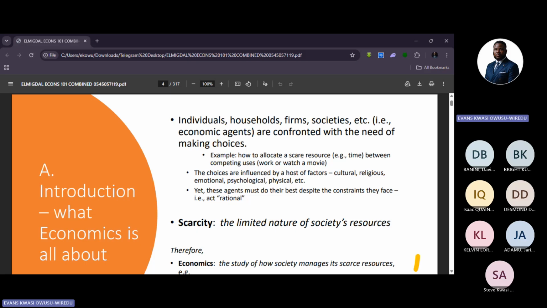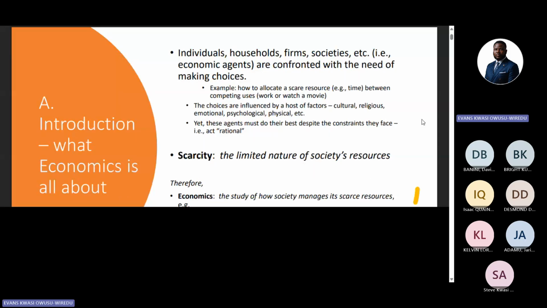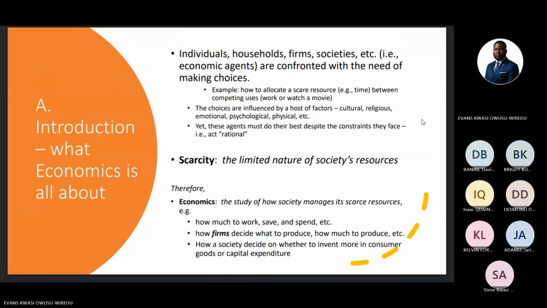And so as an economist, let me zoom and make this a presentation. As an economist in charge of a firm like this, you encounter a situation where you need to make these choices, and you would have to drop some and leave some.